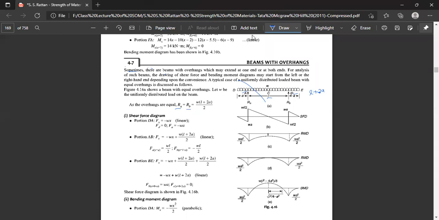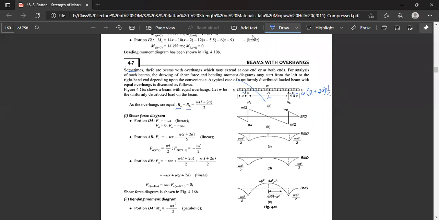As the overhang is L plus 2A, if we take a moment about either the point A or the point B, we will find that the reaction RB multiplied by L is equal to the total load of the beam, W multiplied by L plus 2A, multiplied by L by 2.